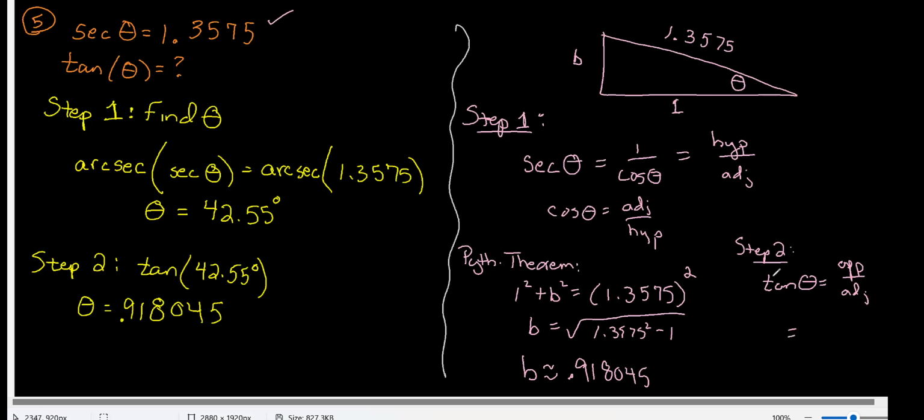And in this case, our opposite is 0.918045 over 1. So tangent of theta, I forgot the tangent of theta over here. I'll just write that down. We get the same answer either way.